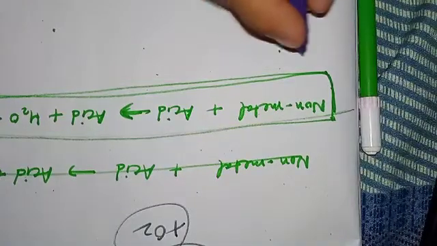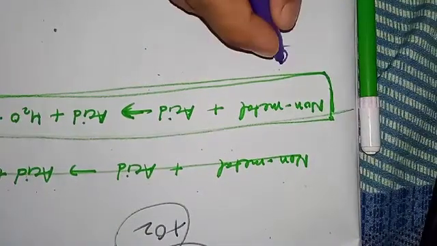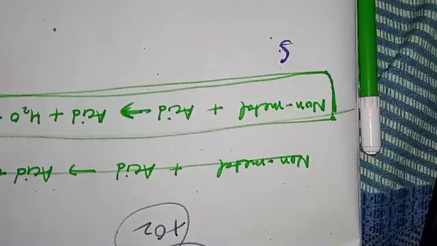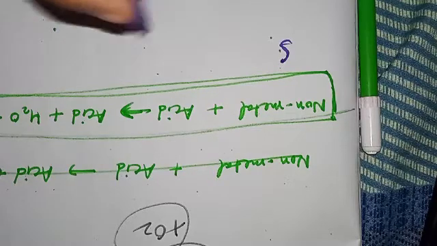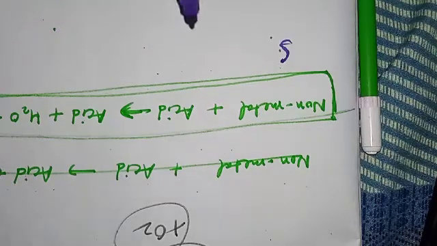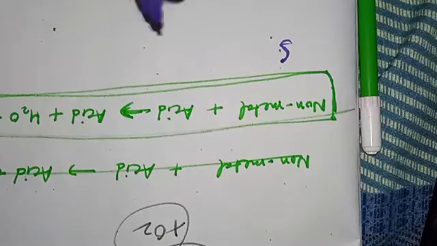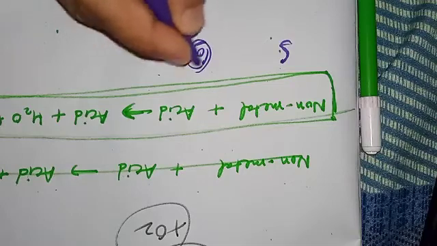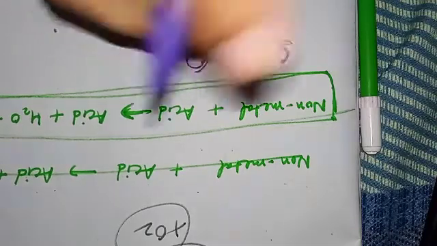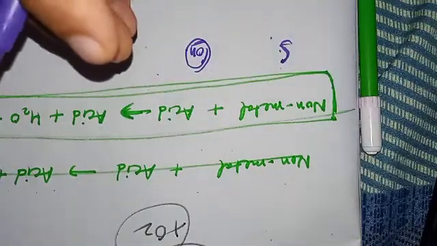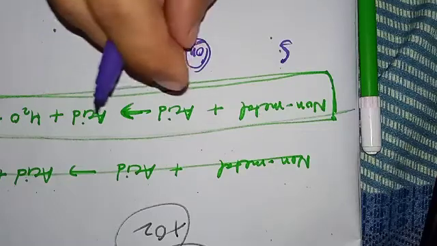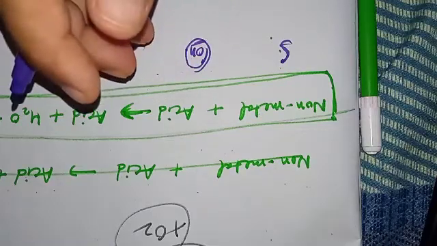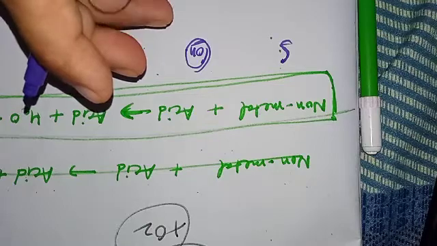So let us take an example. Non-metal sulfur, and we have to take concentrated nitric acid. You know what is the meaning of concentrated: the solution of this acid will contain more amount of acid in comparison to water.